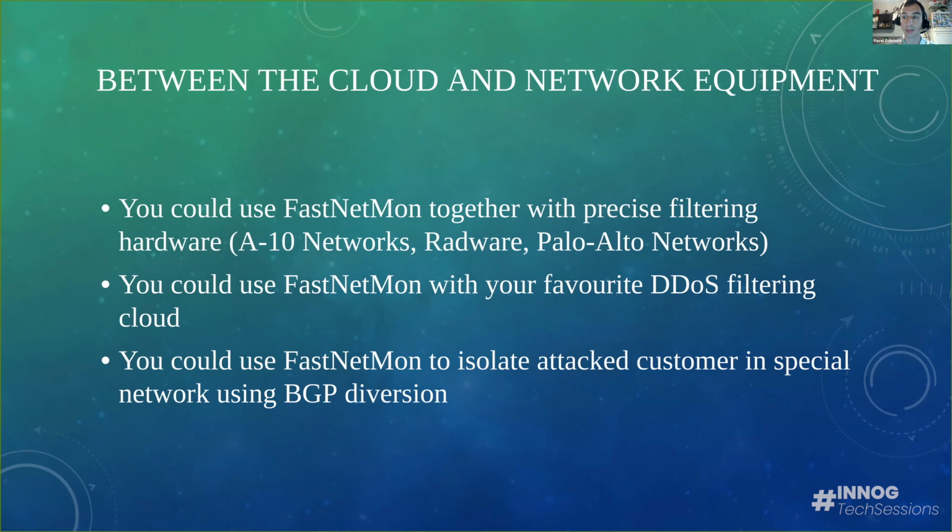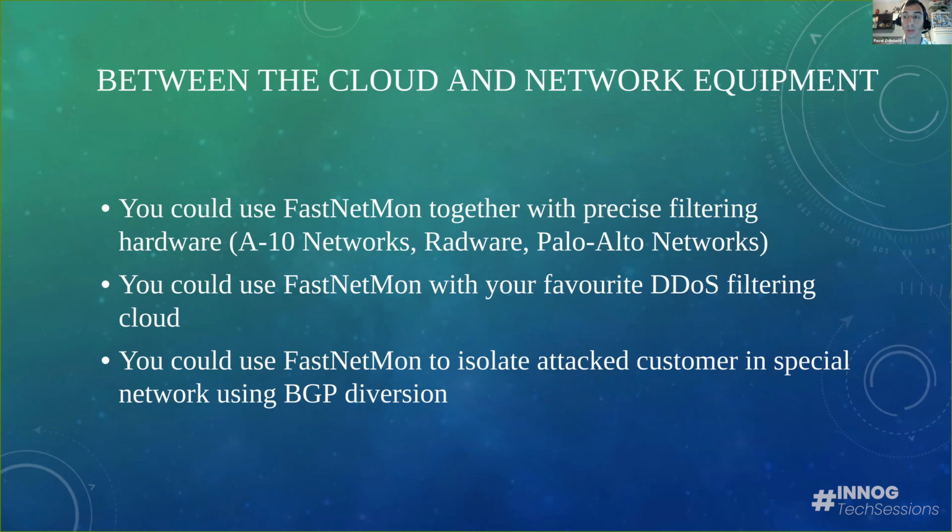Instead of blocking a specific host in your network, Fastnetmon can create an API callback or BGP announce in the BGP session you maintain with the scrubbing center, and it will move all traffic for the affected prefix, because in the global internet we cannot move a single host, which is /32. We can operate only on the basis of at least /24, and Fastnetmon can do it for you.